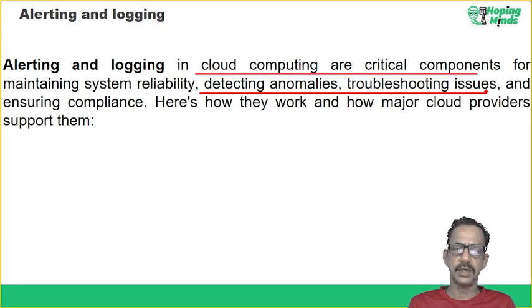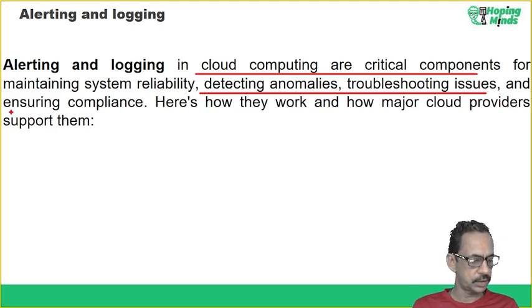First the monitoring that we discussed, now alerting and logging are also critical components, so that our system is reliable. If any anomalies happen, we should know it. Logging helps us in troubleshooting and also ensures compliance.